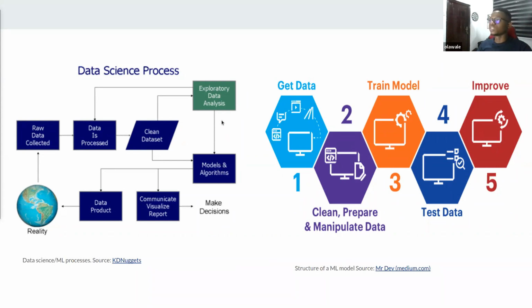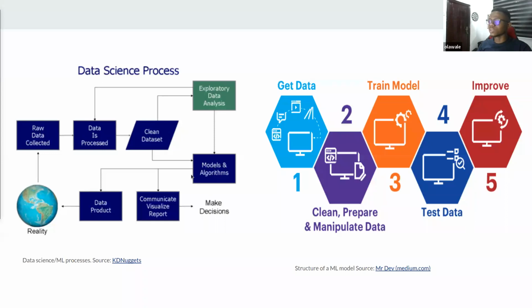With those insights, you can now model an algorithm to make predictions either on future data sets, or on a data set which the model might not have seen. So this essentially is the machine learning part of the data science cycle.